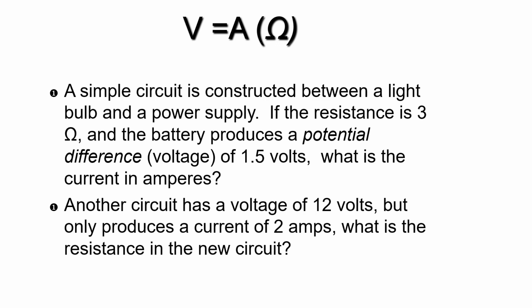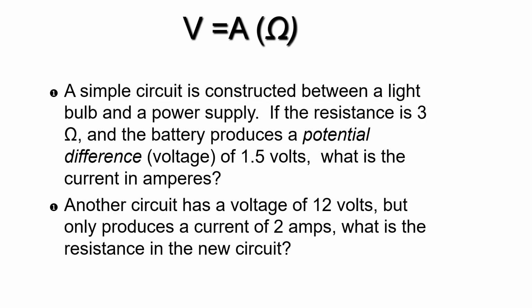A simple circuit is constructed between a light bulb and a power supply. If the resistance is 3 ohms, and the battery produces a potential difference voltage of 1.5 volts, what is the current in amperes? Okay, so for V, you would substitute in 1.5.